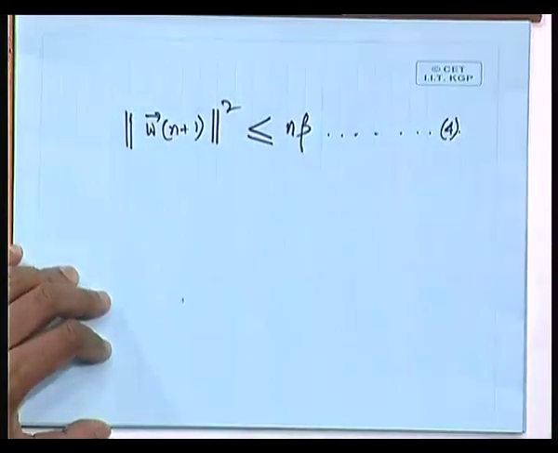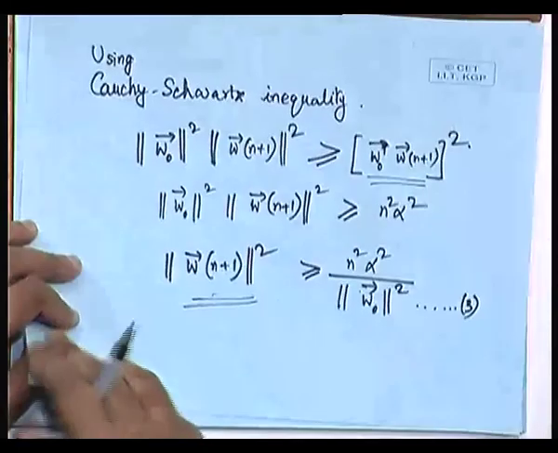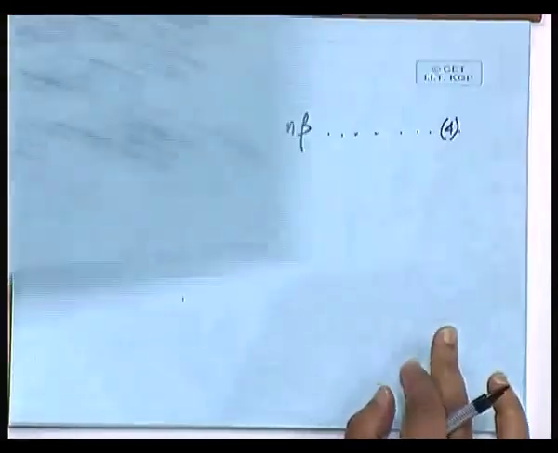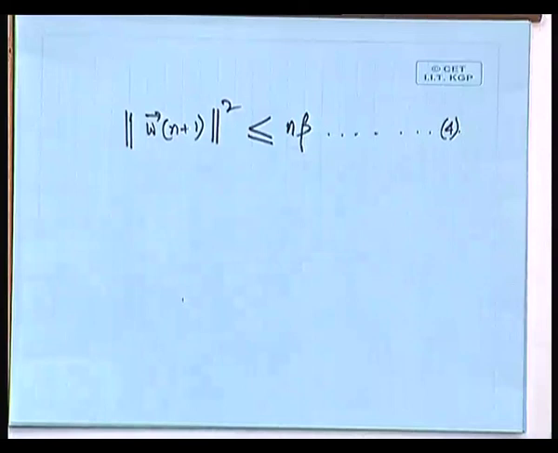So we have equation number 3 and equation number 4. The interesting observation is that equation 4 puts a bound, which says something very interesting: as you increase n, the bound on w n plus 1 square is increasing linearly with n.